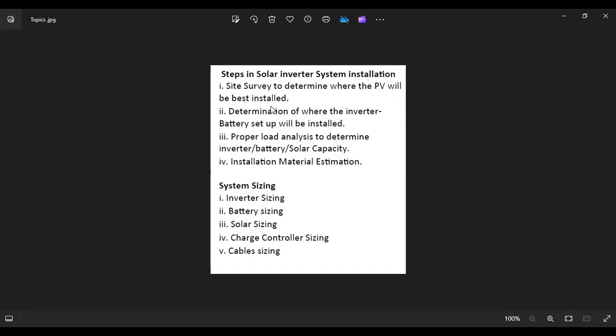We have done inverter sizing, battery sizing, and solar sizing. We did inverter sizing with the battery sizing, on the two major types of batteries in the market, lead acid and lithium ion. We also did the solar sizing, getting a figure using a particular load as a case study. So I believe with this, we are good to go for today.